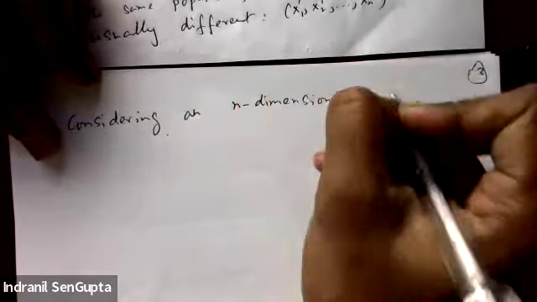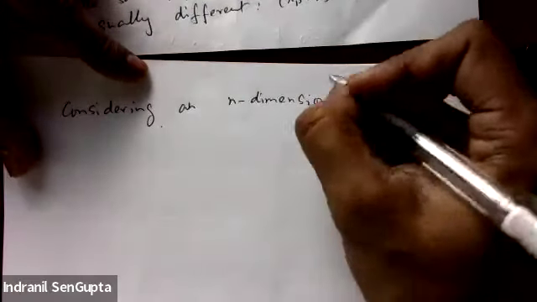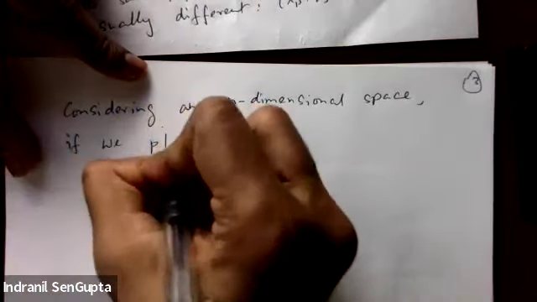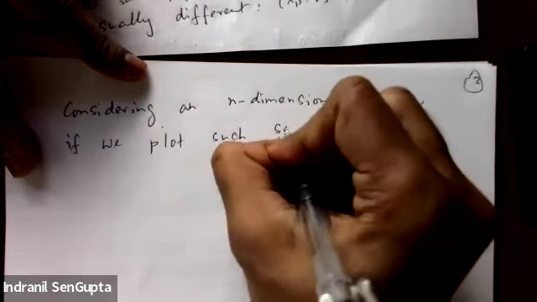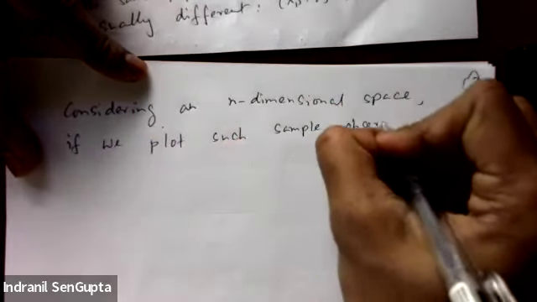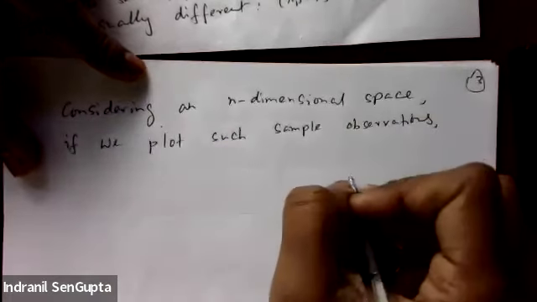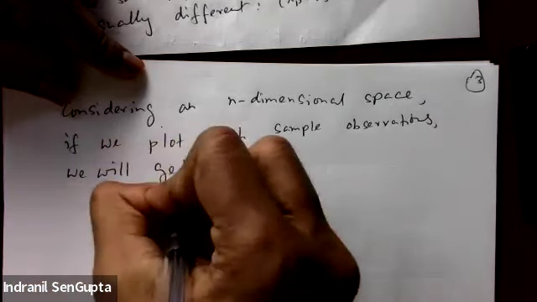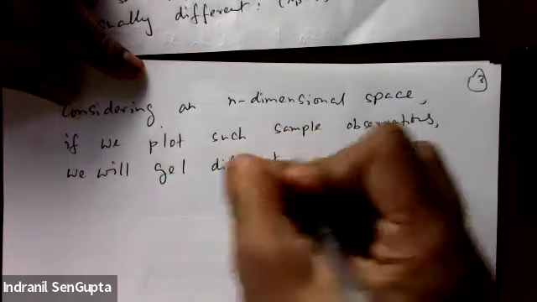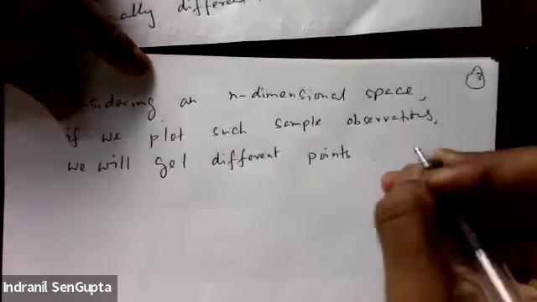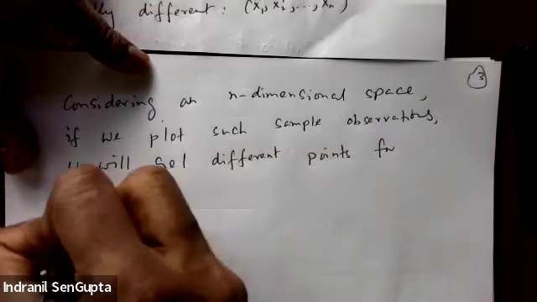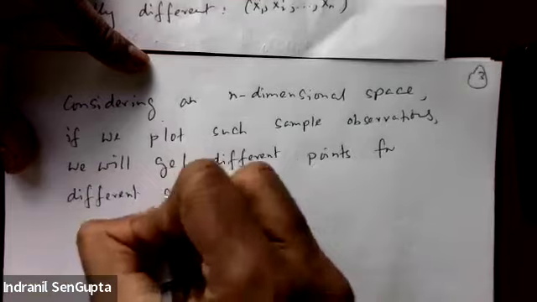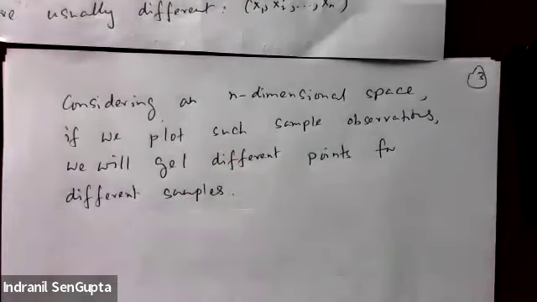Now considering an n-dimensional space, if we plot such sample observations, we'll get different points for different samples. We get a bunch of samples.